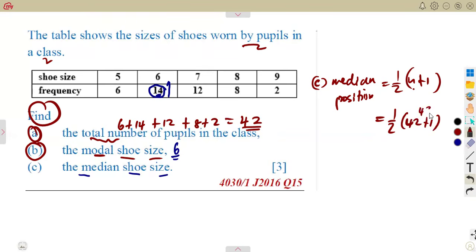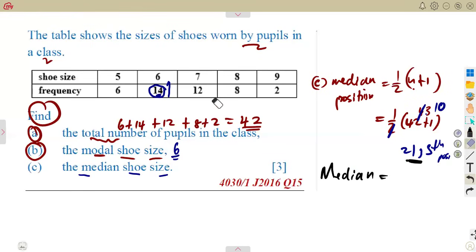So this is 43. Half of 43 is 21.5. This is the position where we are going to find our median. It is going to be found at this position of 21.5.